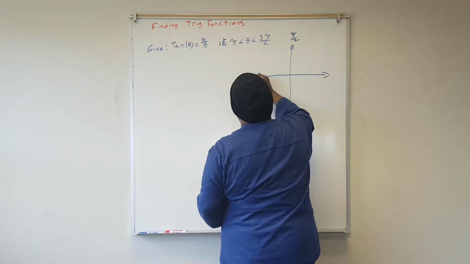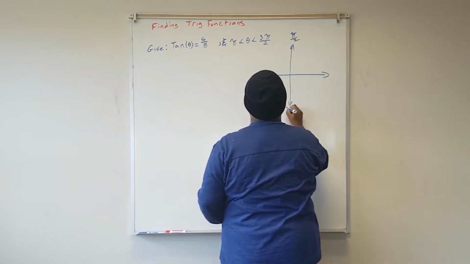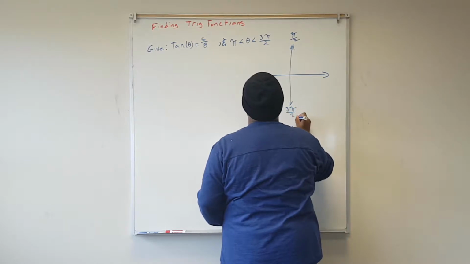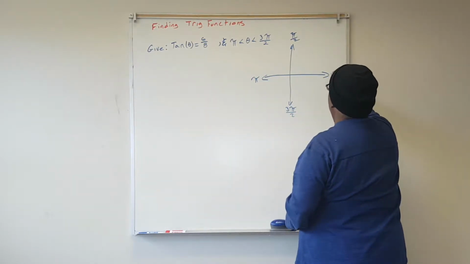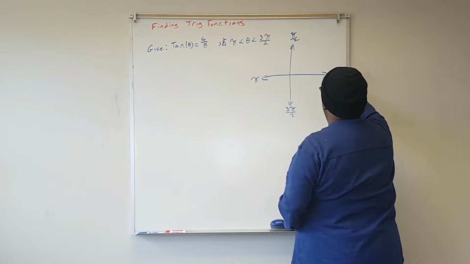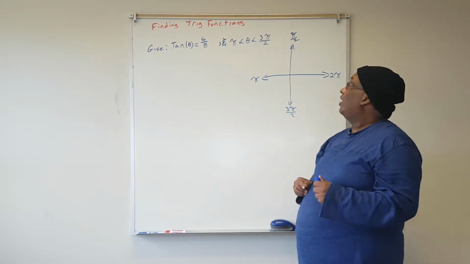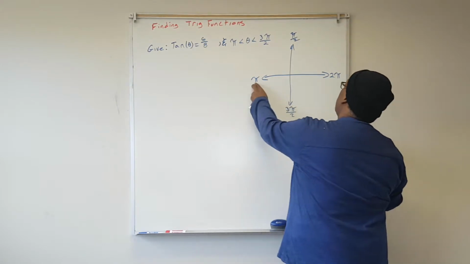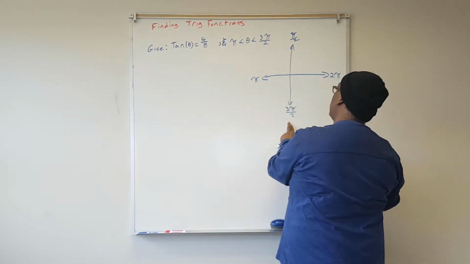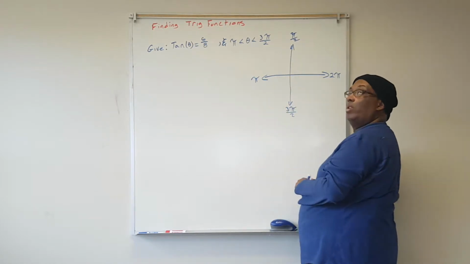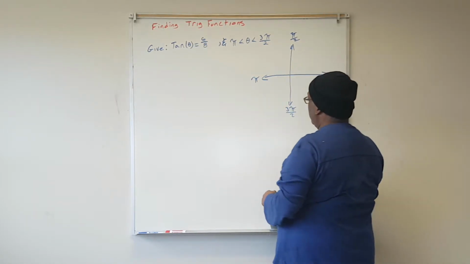Pi over 2, pi, three pi over 2, and 2 pi. So, given that we're here between pi and 3 pi over 2, we're in this quadrant, 1, 2, 3, we're in quadrant number 3, so let's make our triangle.